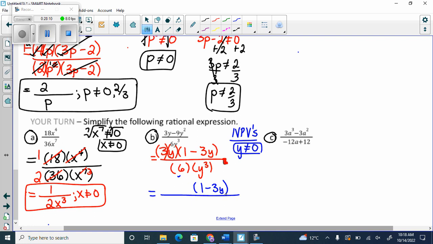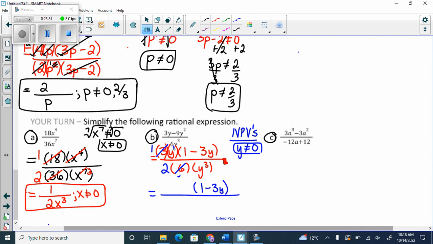Then I have a 3 and a 6. What can I take out of the 3 and the 6? A 3. 3 divided by 3 is 1. 6 divided by 3 is 2. And what about the y's? This one is y1, this one's y3.